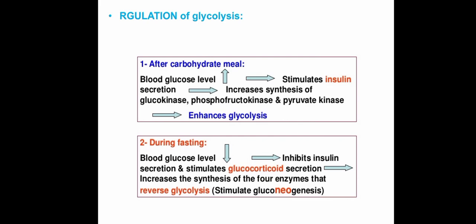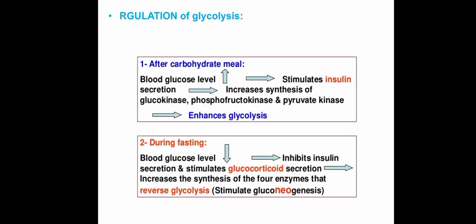At step number 6 we are getting some NADH. In step number 7, how many NADH? 2. And in step number 7 and step number 10 we are preserving 2 plus 2, that is 4 molecules of ATP. That is the picture. And step number 7 and 10 are irreversible. All the other steps are reversible in both directions.